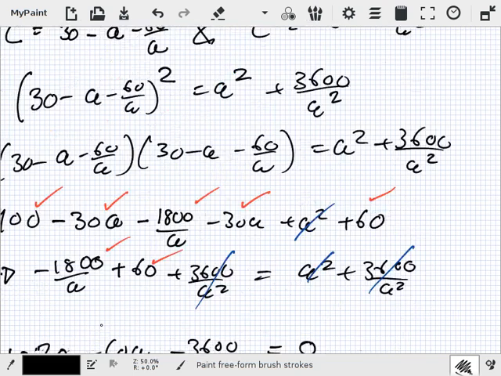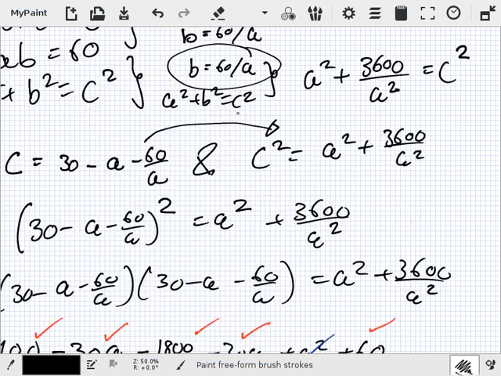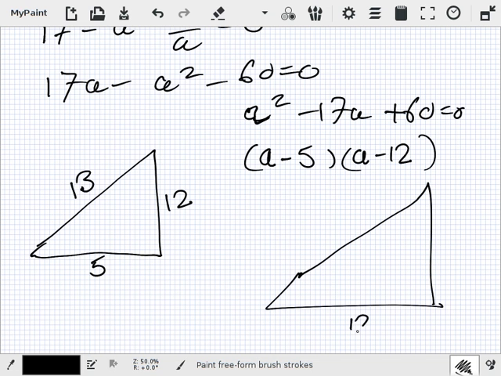Now if we go back to this equation, we can get the B. It's 60 over A. So 60 over 5 is 12. And from Pythagoras, 13. You don't need to use Pythagoras, you can use the AB equal. I know, but just let me use Pythagoras. Okay, so here, if this is 12, then you will get this side here as 5.